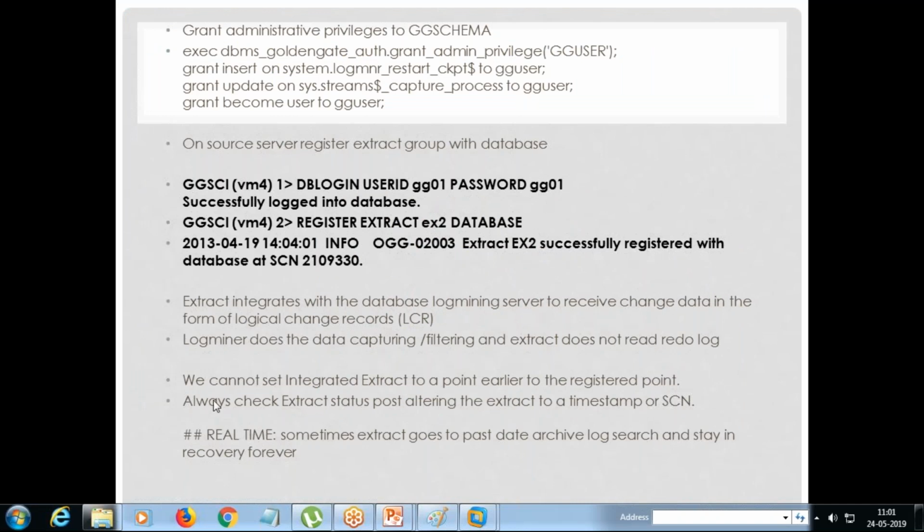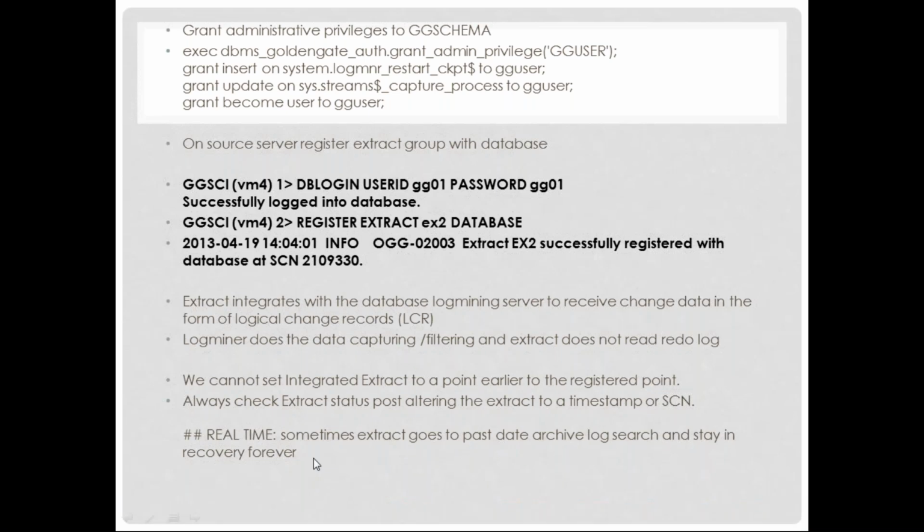So where was I? Always check the extract status after altering the extract to a timestamp or SCN. Sometimes the extract goes to a past date, does an archive log search, and stays in it forever. I hope you remember I told you that integrated extracts are not easy to handle.